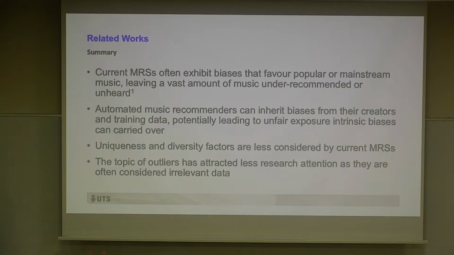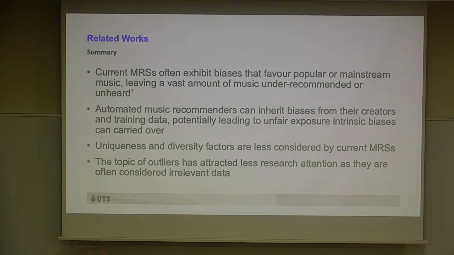So in summary, we can find current music recommendation systems often exhibit bias that favors popular or mainstream music, leaving a vast amount of music unheard. On the other hand, automatic music recommenders can inherit bias from their creators and training data, potentially leading to unfair exposure, and bias can be carried over.